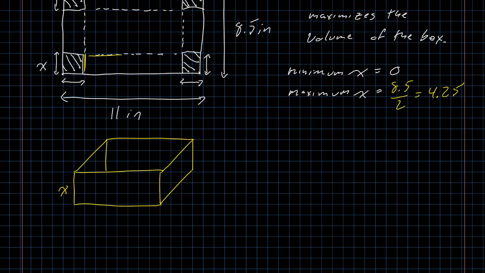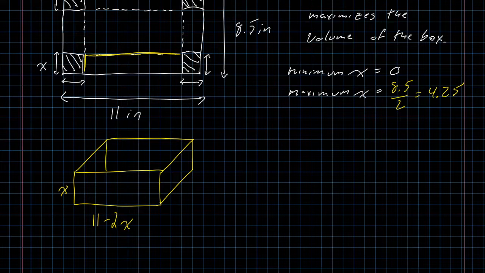The width of the box is going to be whatever is left in here. We know that the total distance across is 11. We've cut out this bit that is x, and we've cut out this bit that is also x. So the length here is going to be 11 minus 2x.